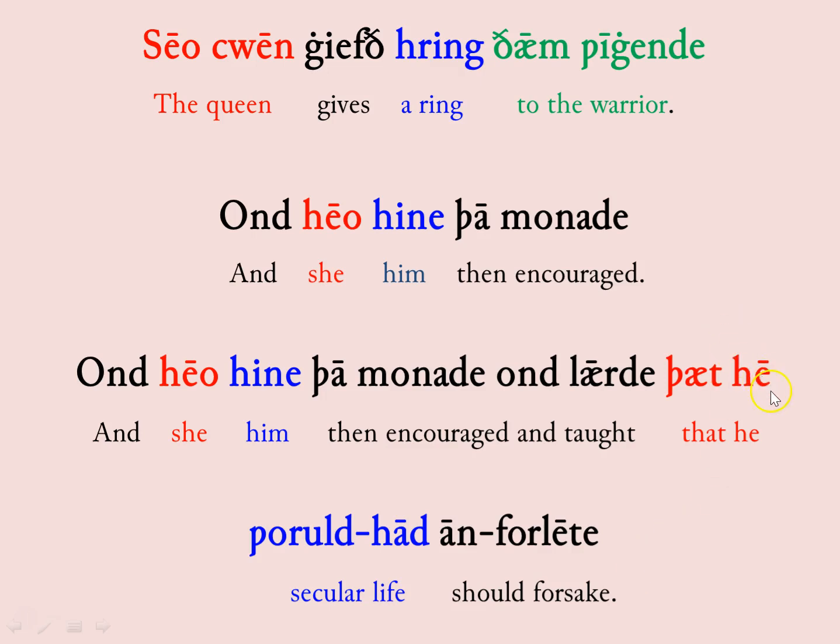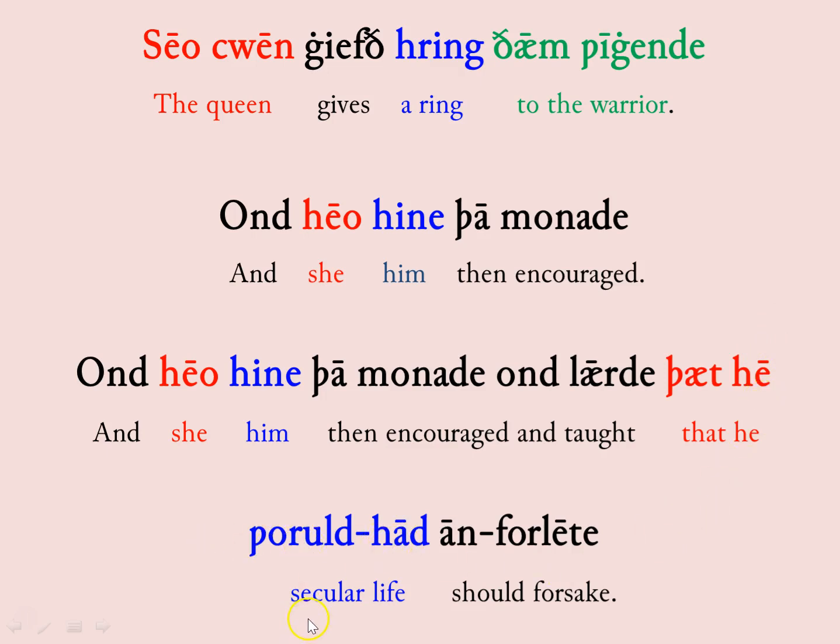So that he is in the nominative, and it stands for he. It's the nominative form of he. So that is the subject here in this subordinate clause. This part here from the conjunction on is the subordinate clause, and that is in the nominative. So he is the subject of this subordinate clause.